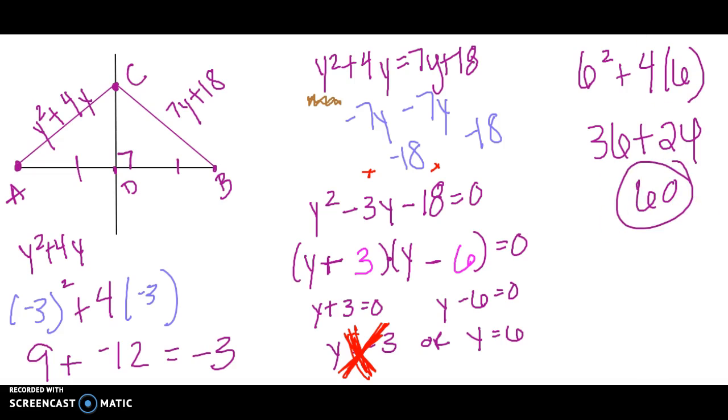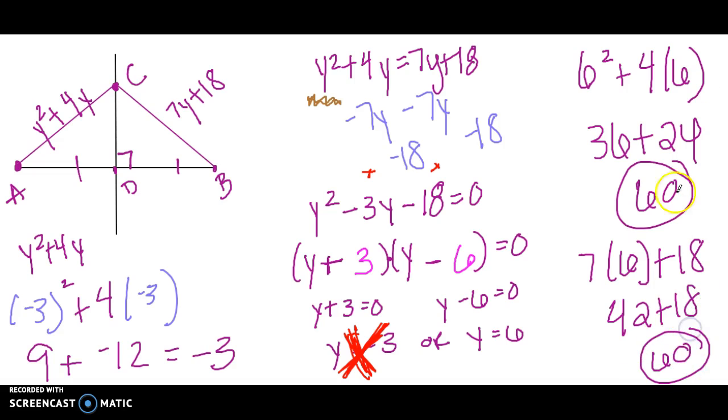And then since it was supposed to cut things in half, and from A to C is the same as from C to B, let's double check that when we plug it into 7y plus 18 that we get 60 also. So 7, instead of y, I'm going to put 6 plus 18. This is 42 plus 18, which is also 60. Okay? Those are the same. They're both positive. That's good. So in this case, this y equals 6 is our only option.